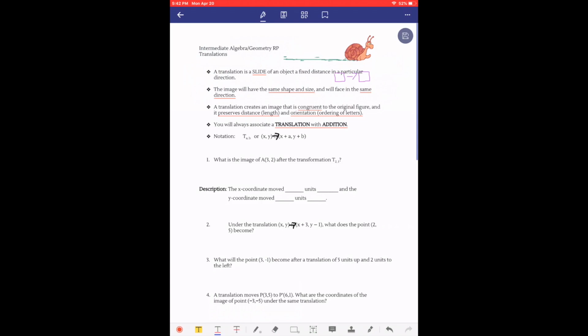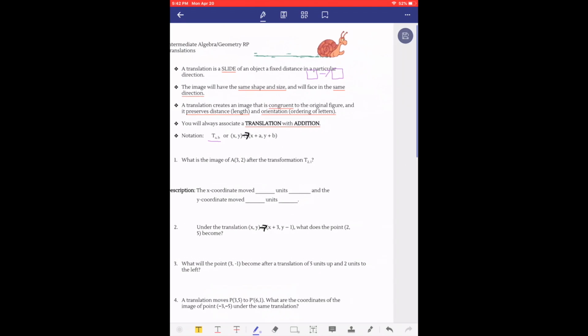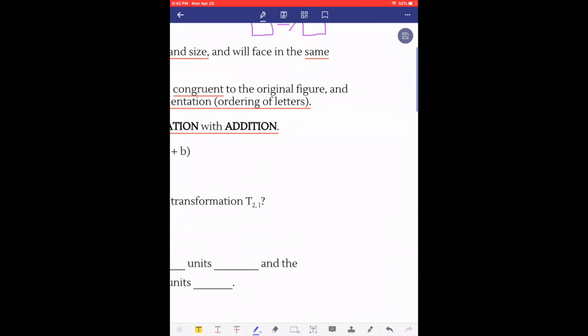The notation is T subscript A comma B, or in parentheses X comma Y, arrow X plus A, Y plus B. So we're going to talk about what this notation means. The T subscript A comma B is just going to tell you how the image is going to move.